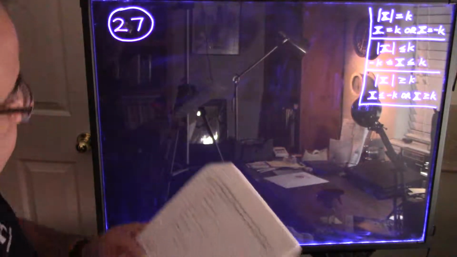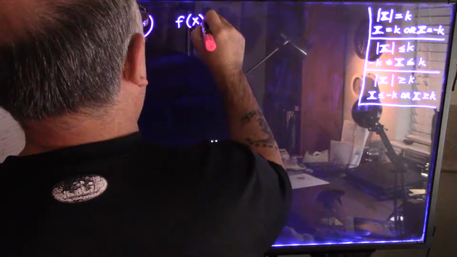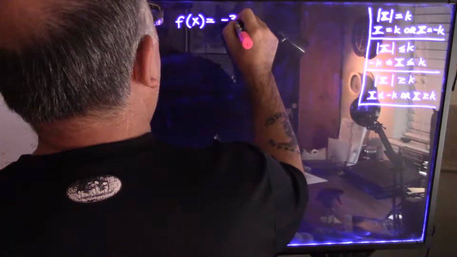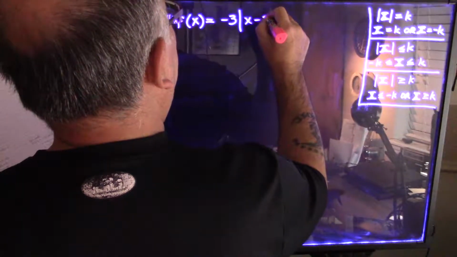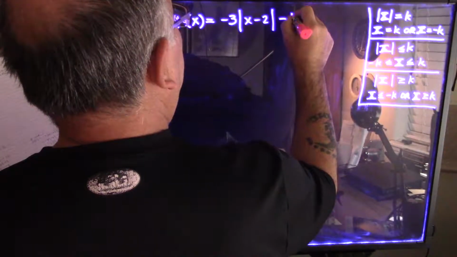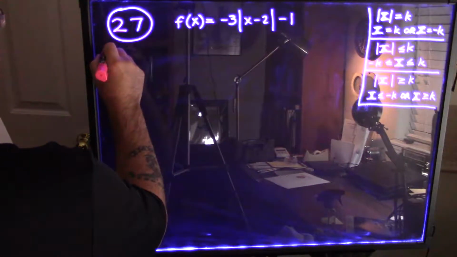Number 27. We have f of x is negative 3, absolute value, x minus 2, minus 1. We need to find the x and y intercepts. Okay, so x-intercept.